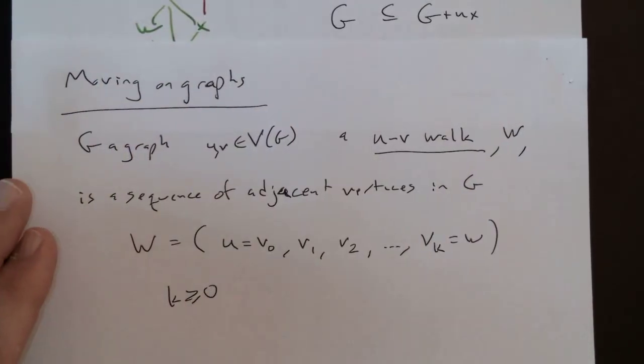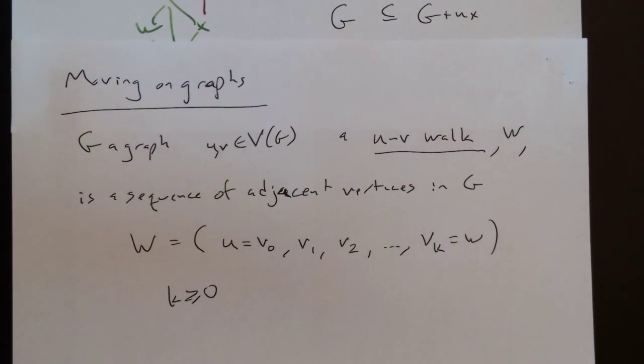I mean, I could go from here to nowhere, right? I'm at vertex U, I'm going to go from U to U. I don't move, right? It's a 0 length walk.